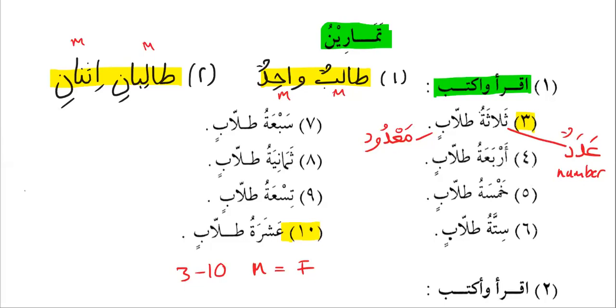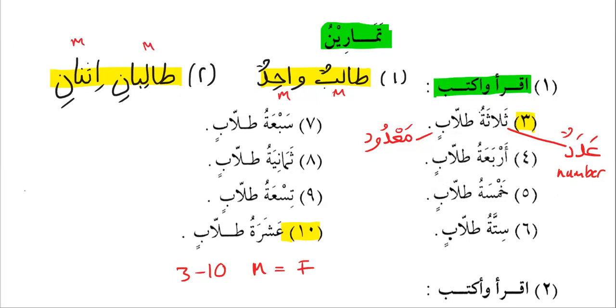But when we start from 3 to 10, the numbers become feminine. Why? Because that which we're counting is masculine. And also the thing we are counting becomes plural. So we'd say ثلاثة طلاب all the way to the end.